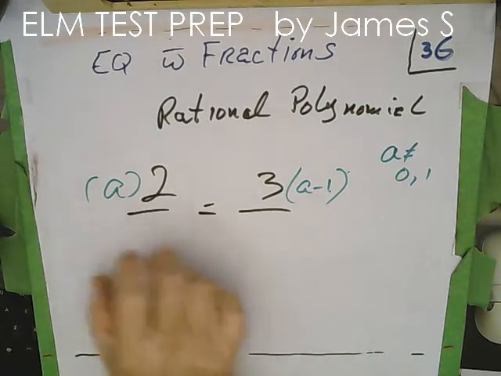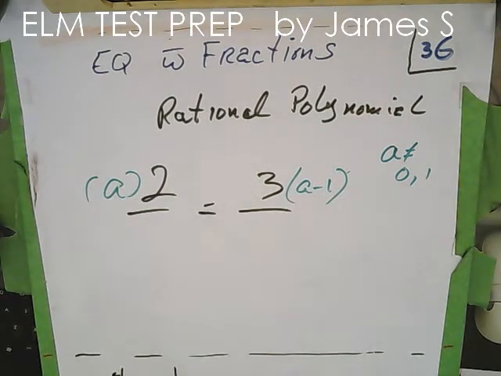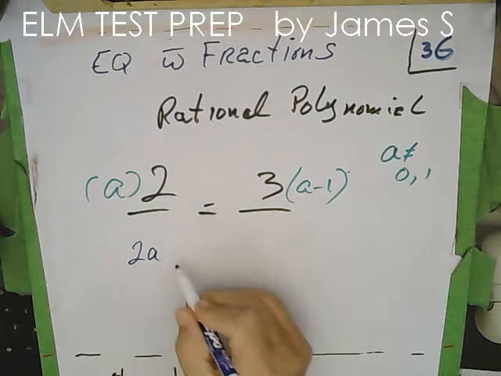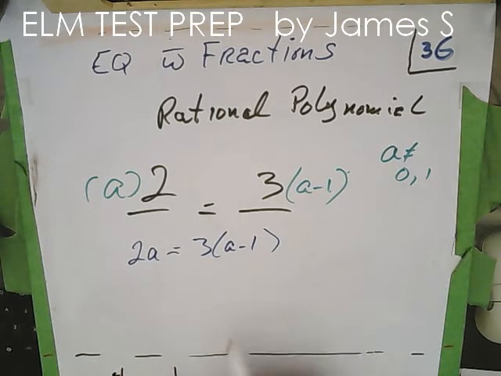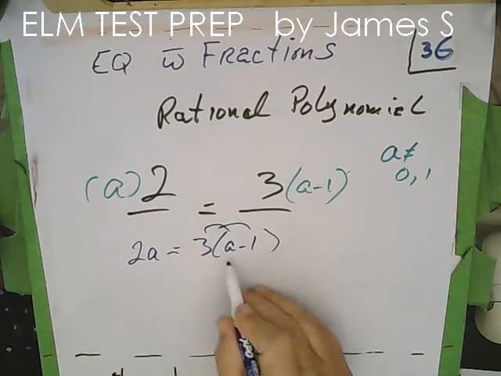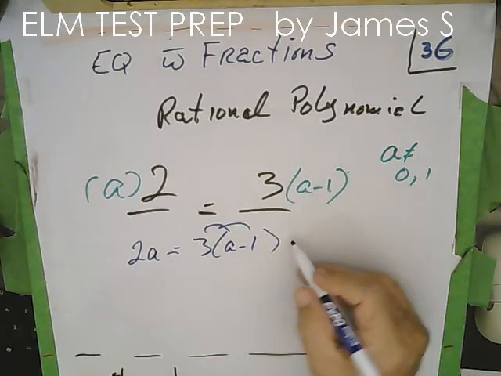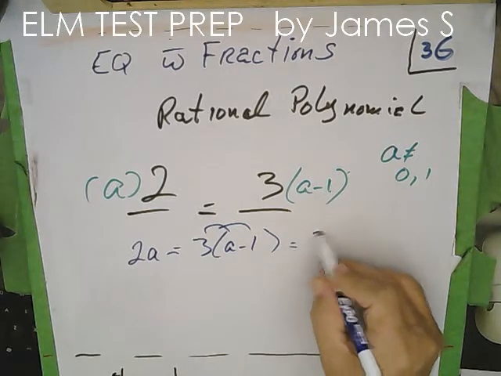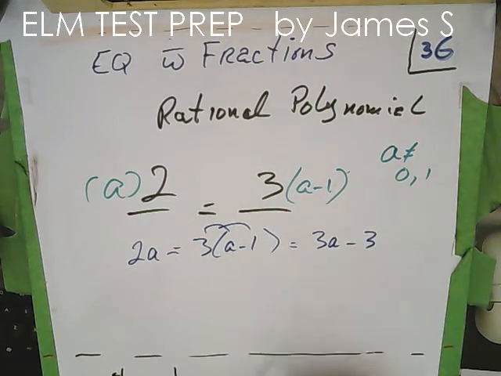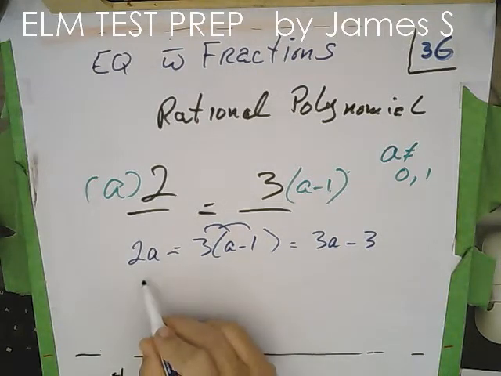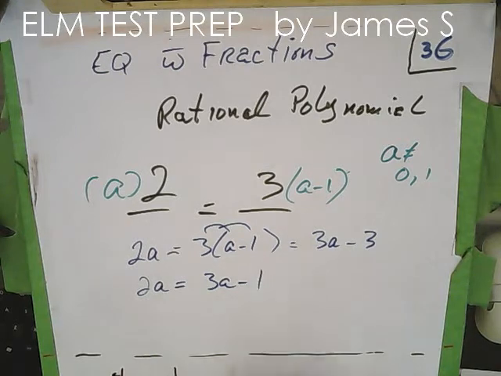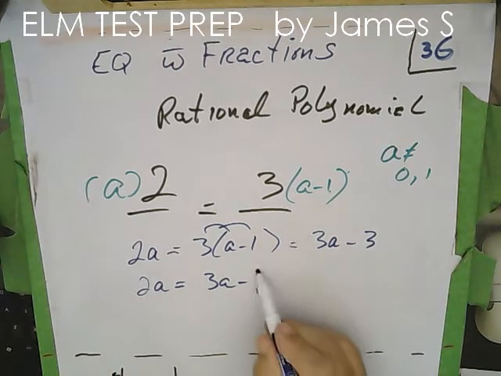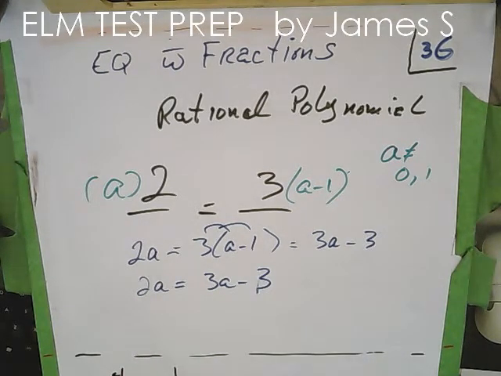So now my equation is 2a equals 3 times a minus 1. I'm going to distribute the 3 to both terms, and that gives me 3a minus 3. So now my equation is 2a equals 3a minus 3. Need to pay attention here.